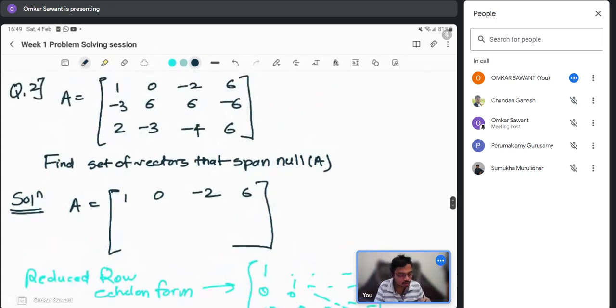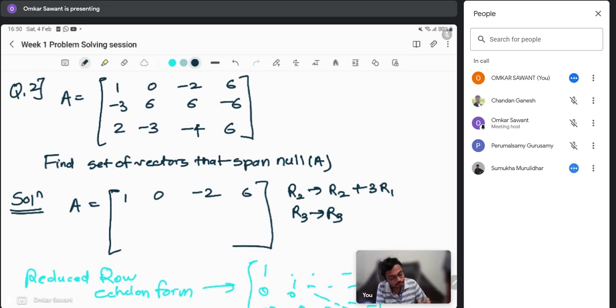Here, to make the second row 0, what will you do? We have to do R2 plus 3R1, correct? Yes, sir. And for the third row, R3 minus 2R1. What will be the rest of these?